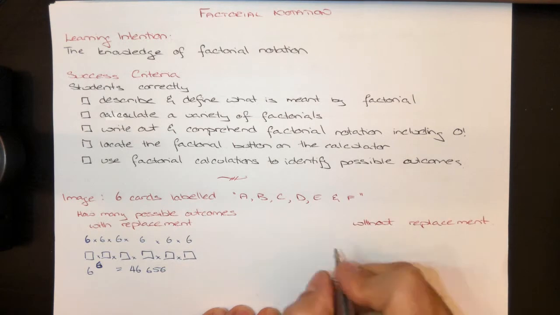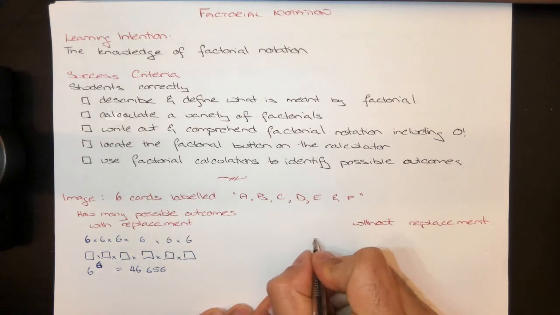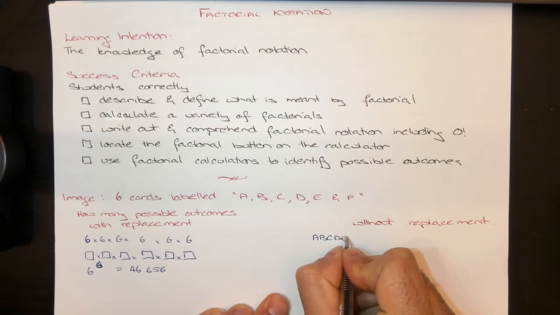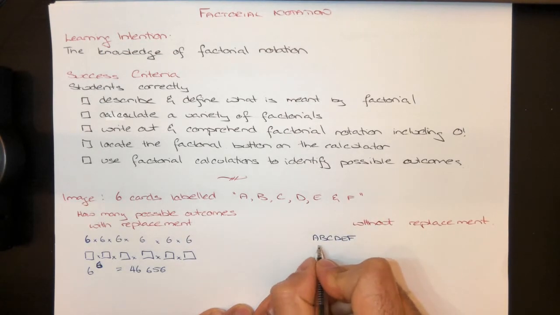Okay. What happens if we don't replace it, without replacement? So the possible outcomes would have A, B, C, D, E, and F. Well, if I wasn't to replace any of them, there would be 6 possible outcomes for this one.